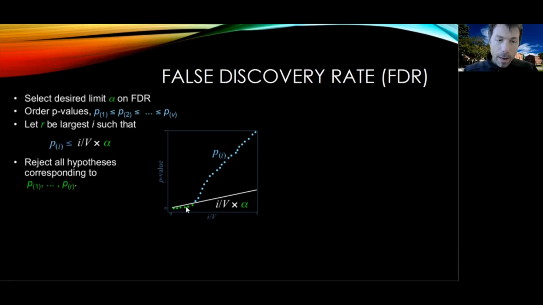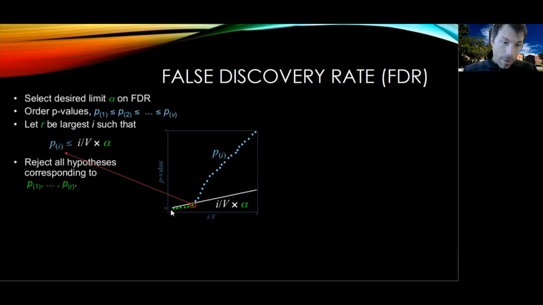a certain number of them to be active, such that for the last one that you declare active, the p-value is smaller or equal to the number of voxels that you're declaring active, so all the green ones, divided by the total number of voxels times alpha.